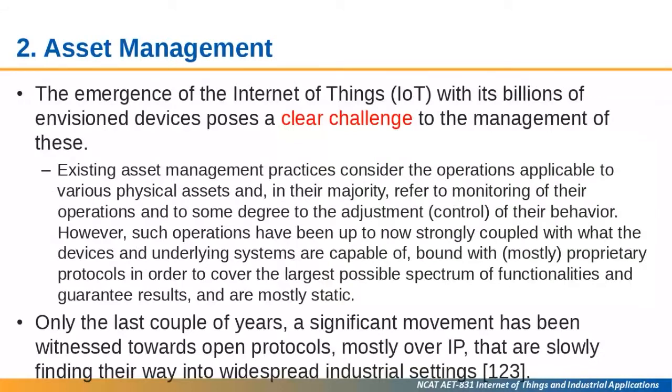Okay, the first area we discuss is asset management. Asset, for our understanding in this course, usually means the devices, the machines, the goods, the products, basically the physical objects within an environment.